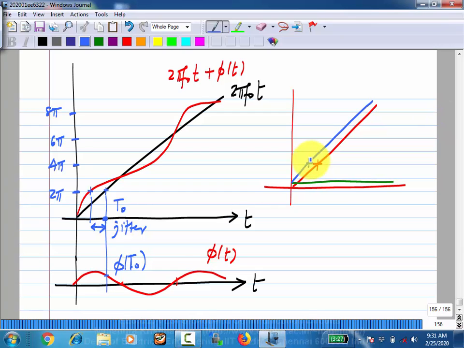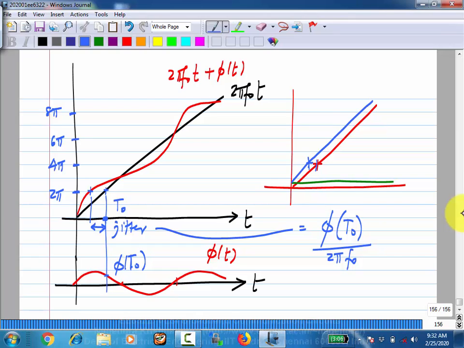Okay, this works only as long as over that deviation that you calculate, the phase itself hasn't changed much. Because the way I have shown it, that's not the case, right? I have shown a very large deviation to be able to draw it. But when the jitter is small, basically this jitter equals the phase sampled at T naught divided by the slope 2 pi f naught, right?